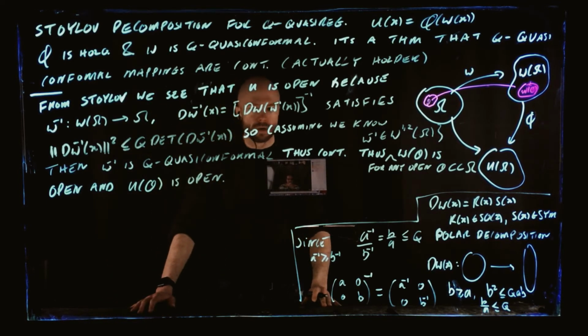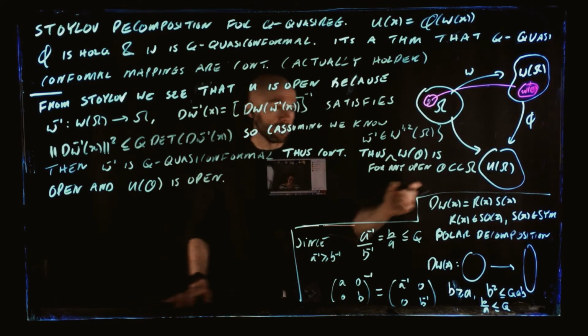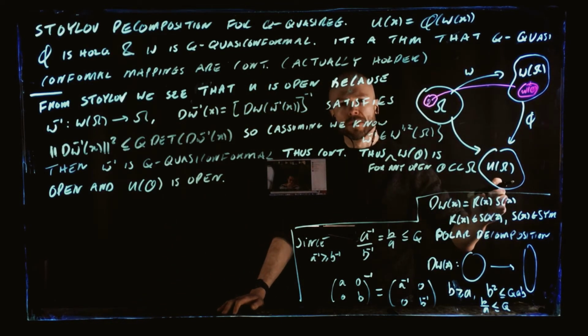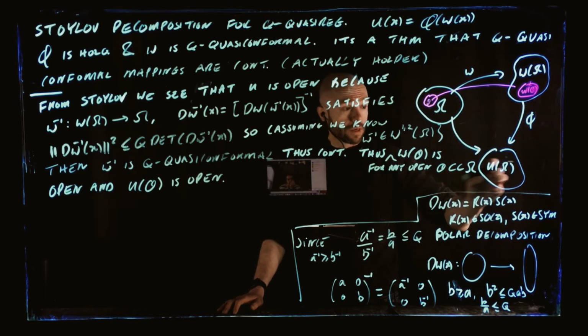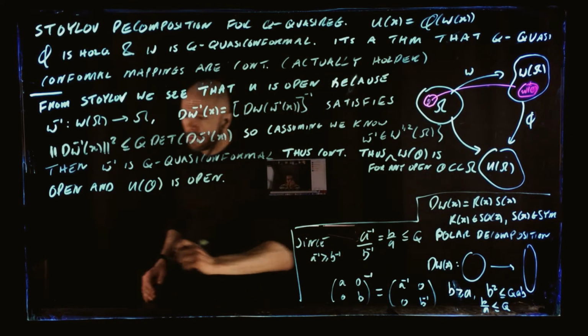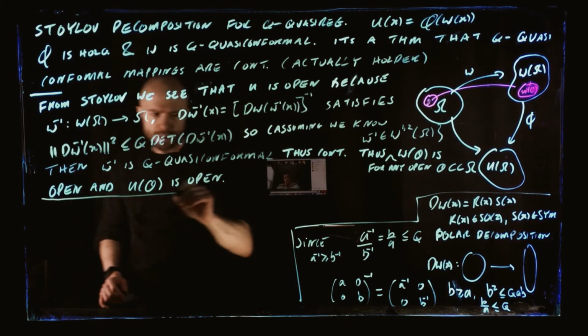Cool. All right, now we're going to see that it's also discrete. So the inverse of any point here will be at most countable, and any cluster point goes off the edge, right? Looking at this diagram, try and tell me why you see that it's discrete.